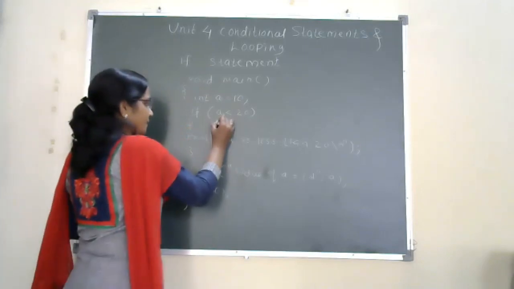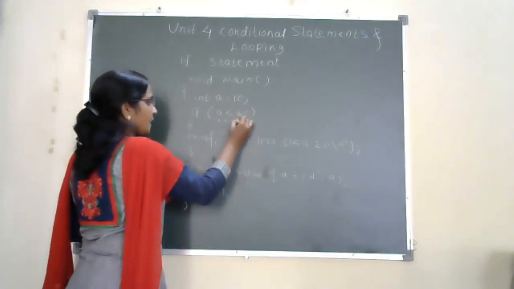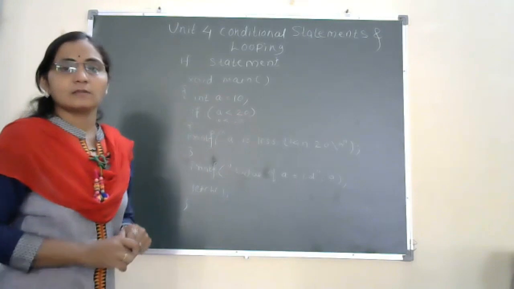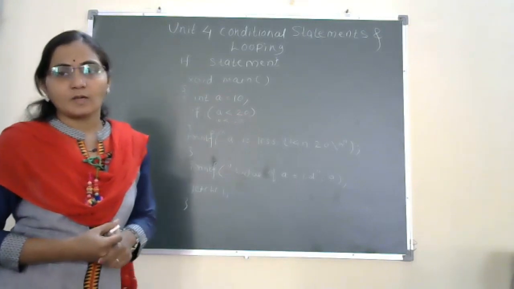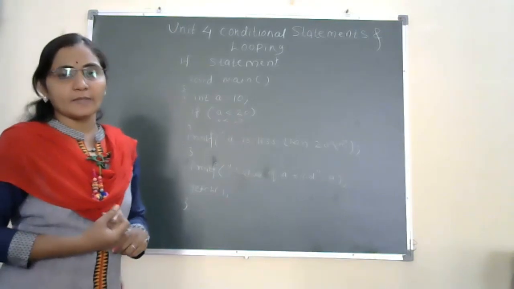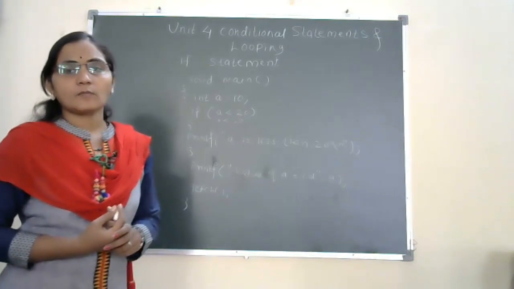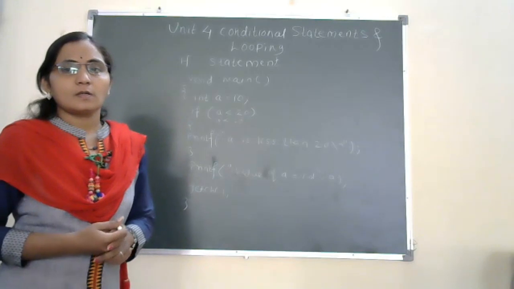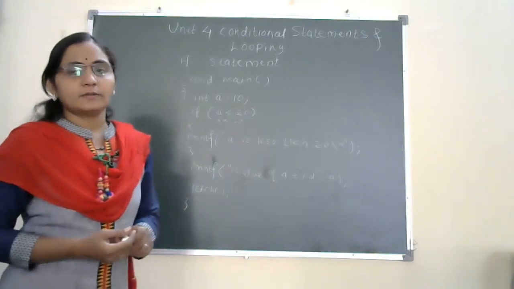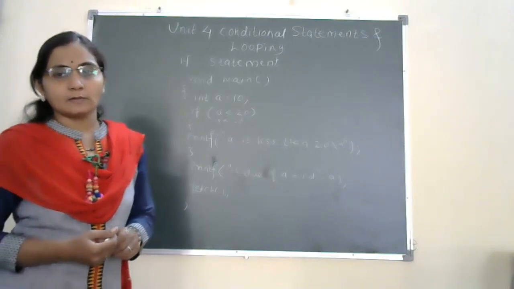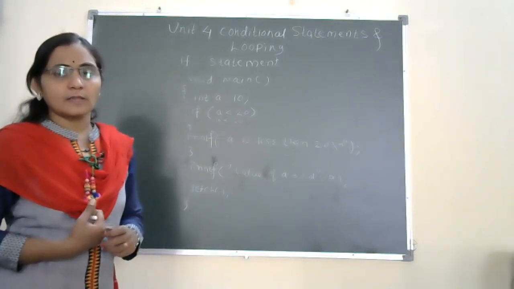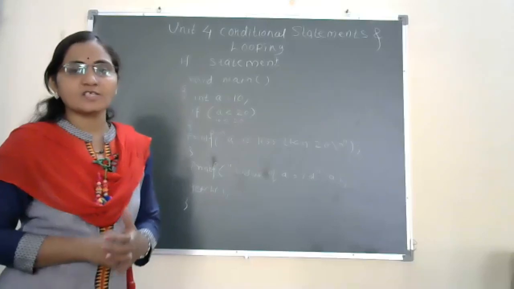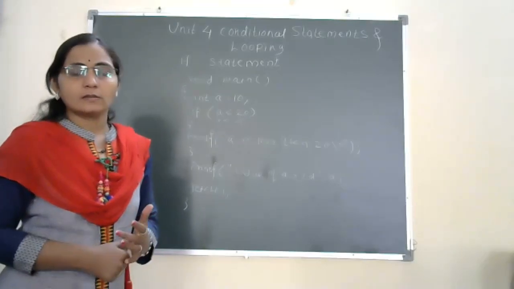The value of a is 10. Then 10 is less than 20. Is it correct or wrong? Unmute your mic and tell me. Please, anyone? Condition is true or false? Ganesh?